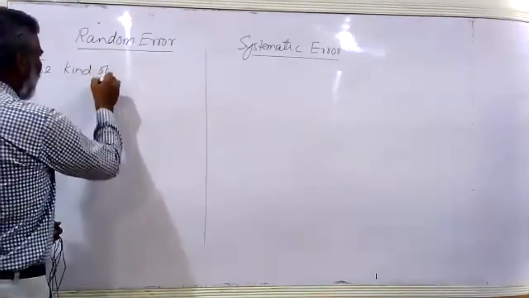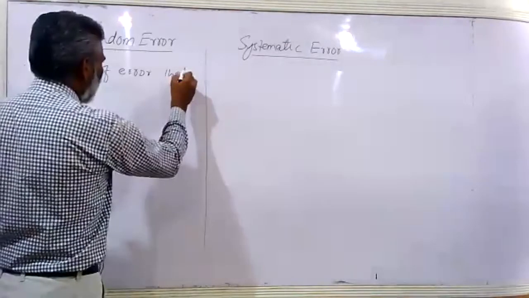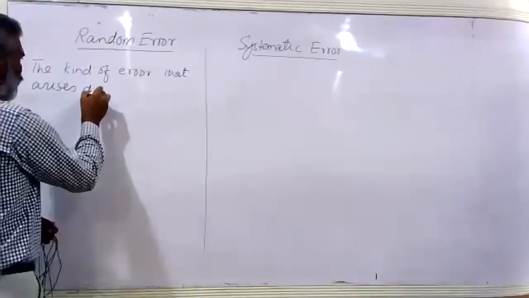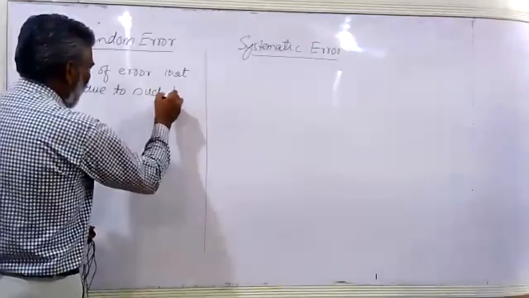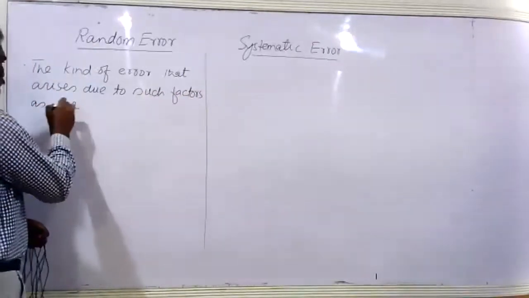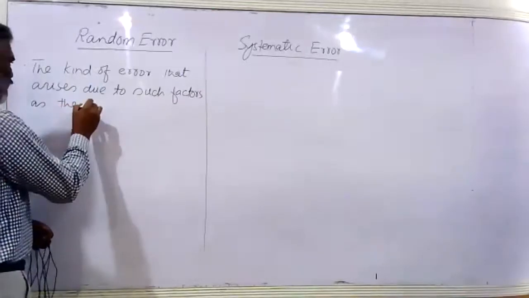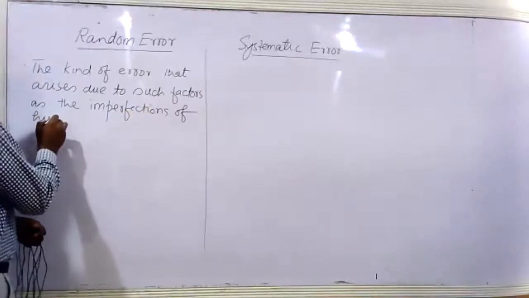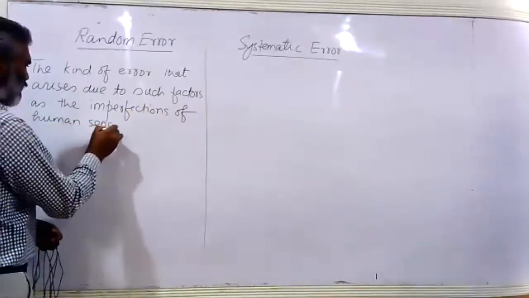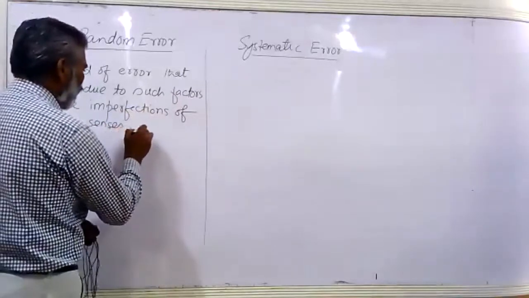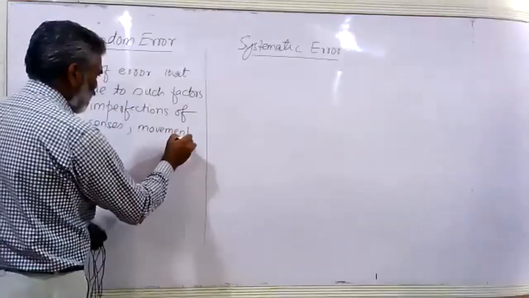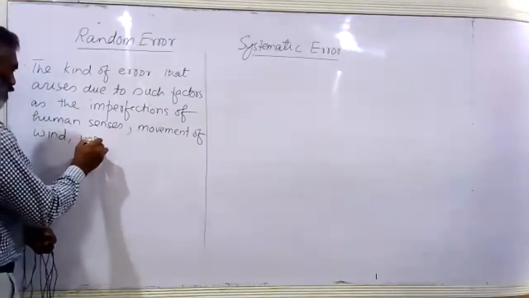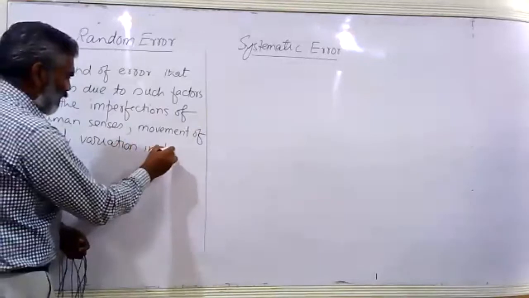So this is the kind of error that arises due to such factors as the imperfections of human senses, movement of wind, or variation in temperatures.